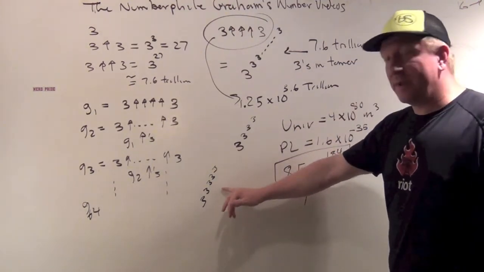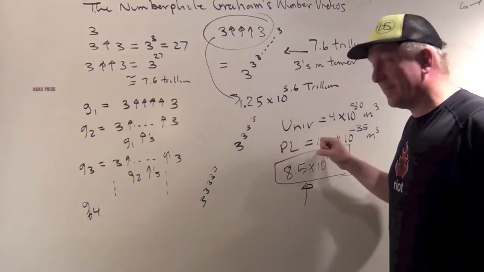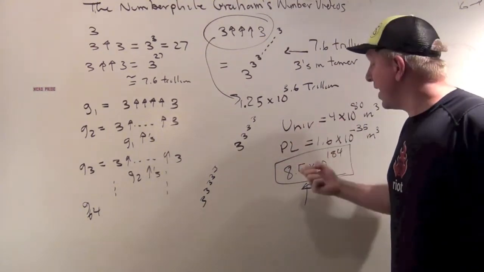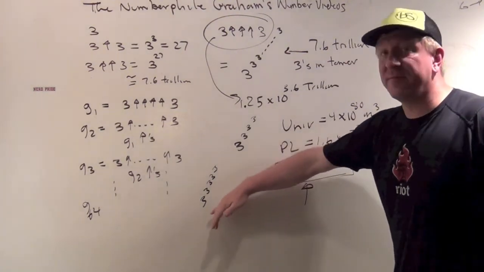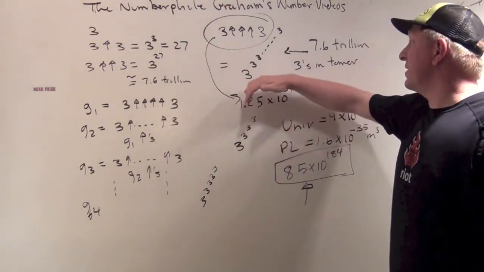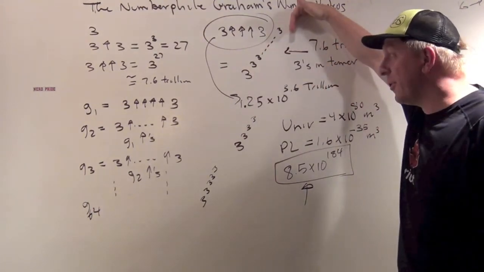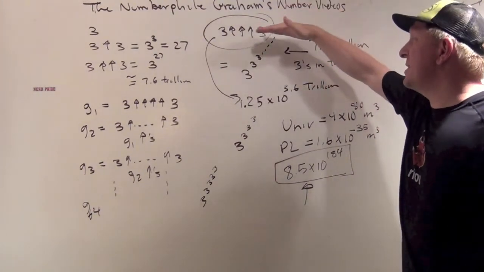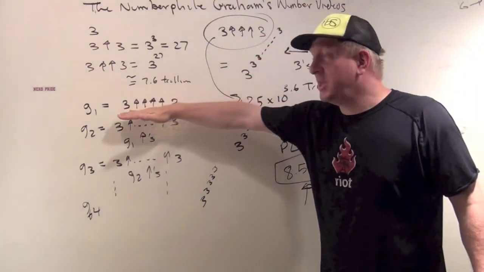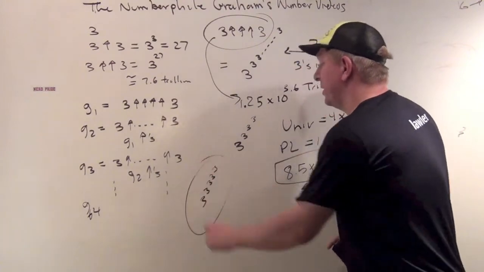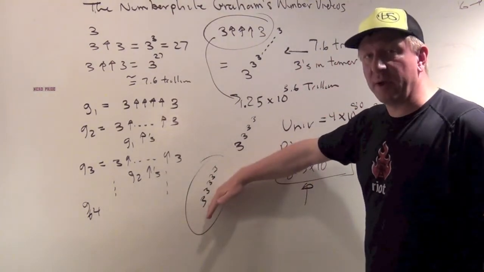I can't write it down if I use a unit cube of Planck length to write down each digit. And that's with 5 3s in the tower, and I've got 7.6 trillion 3s in the tower. And that's the step before I get to G1.